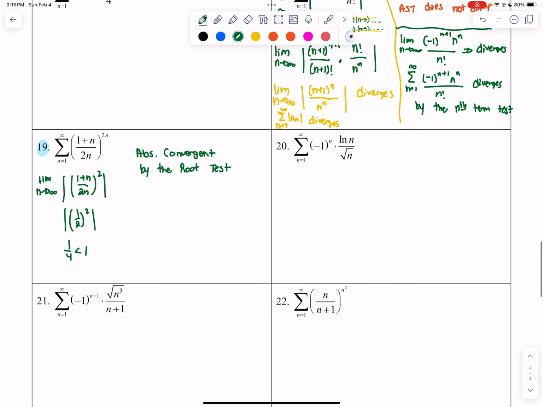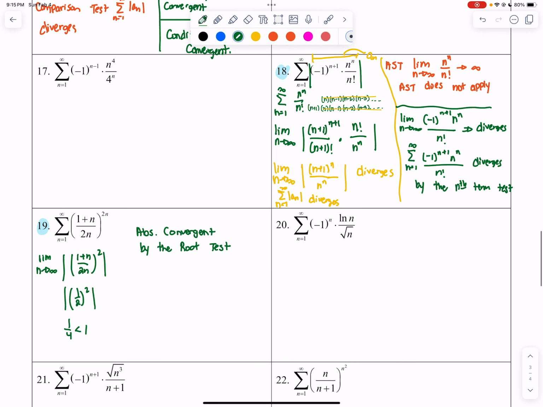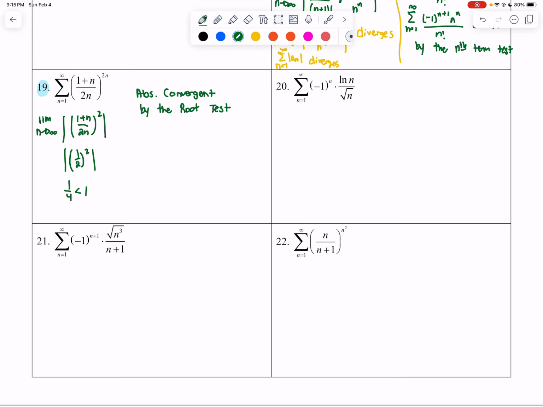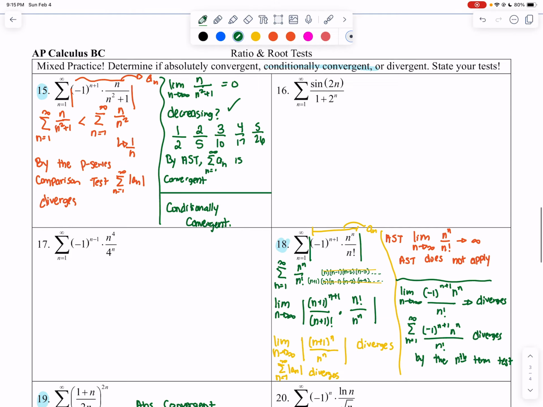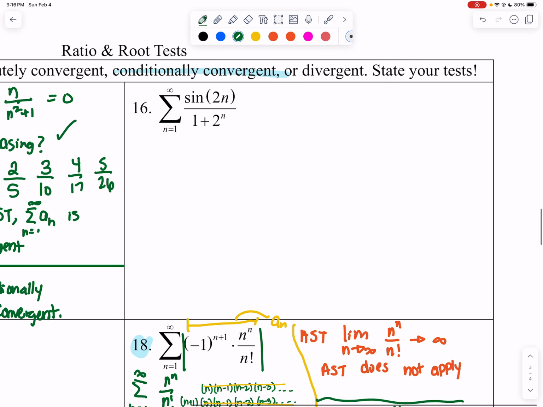For 17, 20, 21, you're going to have to use absolute value. So make sure that you look at that because some of them might be conditionally convergent. For 22, this is probably going to be the root test since you have an exponent of n. And then 16 kind of looks weird because I have a sine to the 2n and then I have a 1 plus 2 to the n.